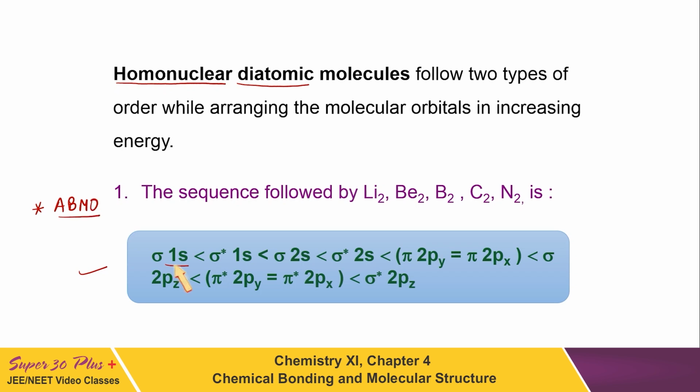So the least energy is sigma 1s, then sigma star 1s, then sigma 2s, sigma star 2s, then pi 2py and pi 2px, which have the same energy. And then sigma 2pz has greater energy. Similarly, pi star 2py and pi star 2px have the same energy, and then sigma star 2pz. So this is the order of energy up to nitrogen.